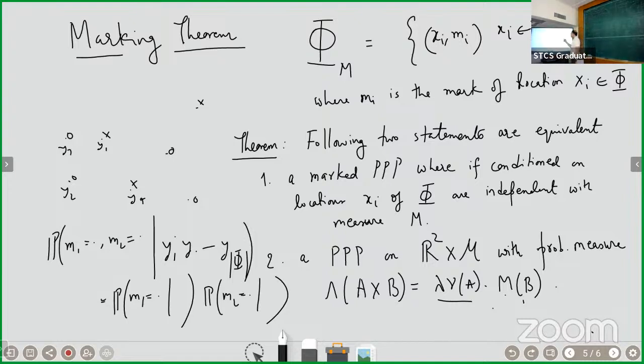So now can you use this and tell me that the thinned process is a Poisson point process, when thinking of marks as nothing but keeping it or removing it?